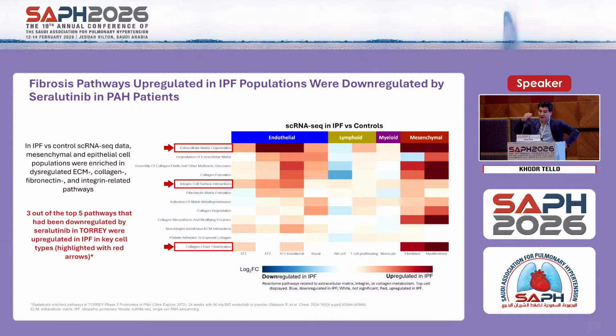And looking at the pathway level, we can say that 3 out of the top 5 pathways that had been downregulated by seralutinib in TORREY were interestingly those which are upregulated in IPF in key cell types. So we are talking about, again, extracellular matrix, cell surface interactions, and collagen chain trimerization.